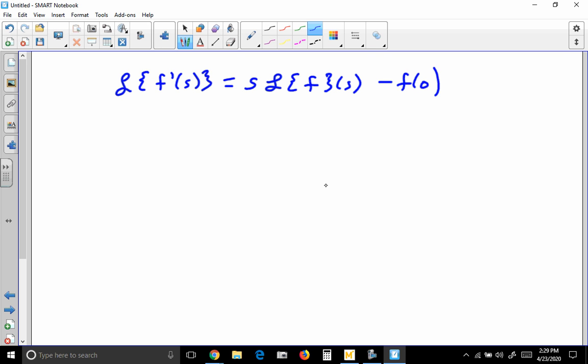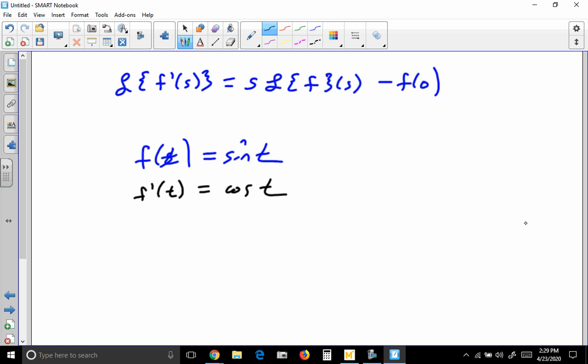So for example, if we know the transformation of sine, then the derivative of sine is cosine.